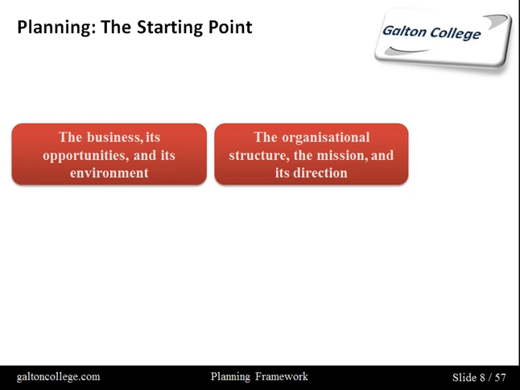So the organizational structure, how the business is constructed, the mission as in what precisely is the objective of the business. This could be as short as maybe 20-25 words. Just focuses in on precisely what the business is trying to do, and the direction of the business, where it wants to be in 2 years or 5 years' time.